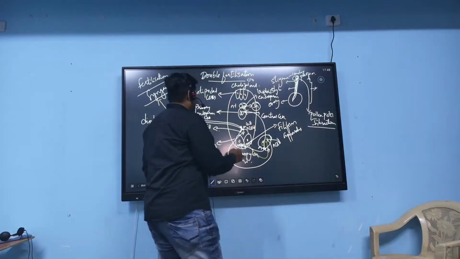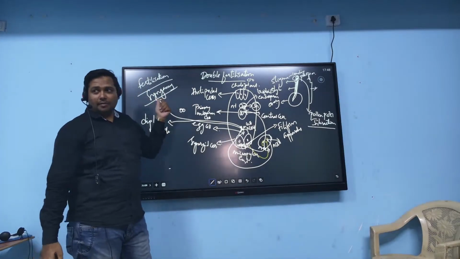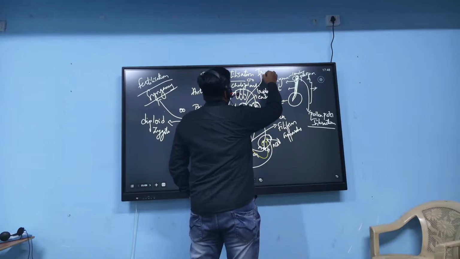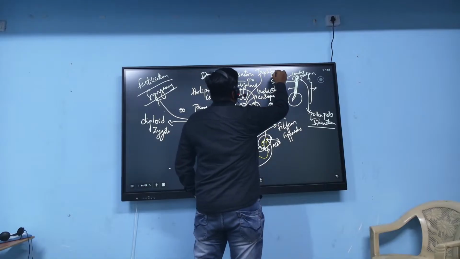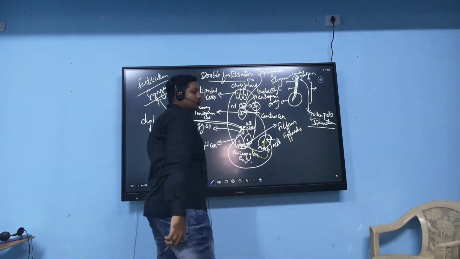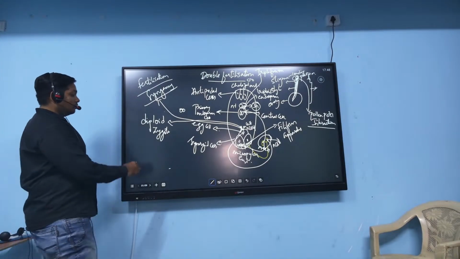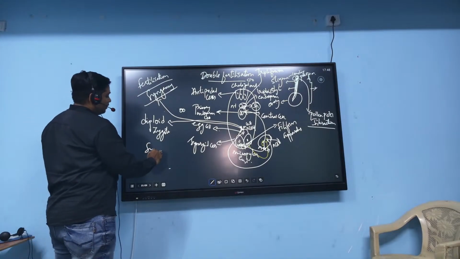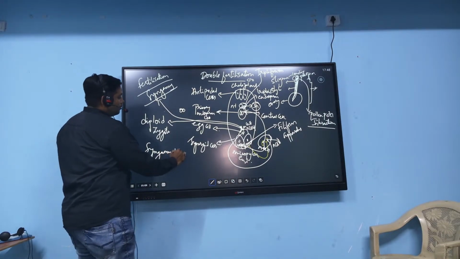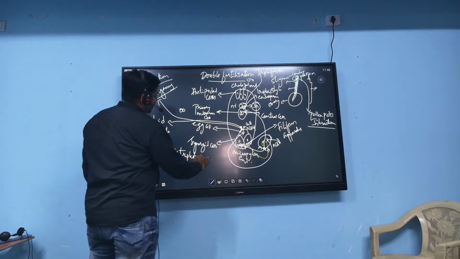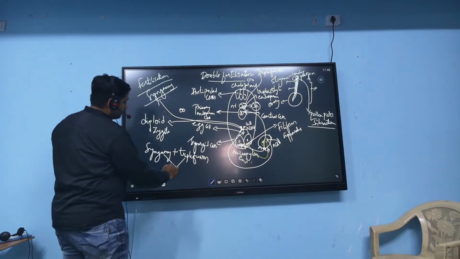This process is called syngamy. This process is called triple fusion. Did you understand? Yes. Now, one time syngamy plus one time triple fusion. How many times did fertilization take place?